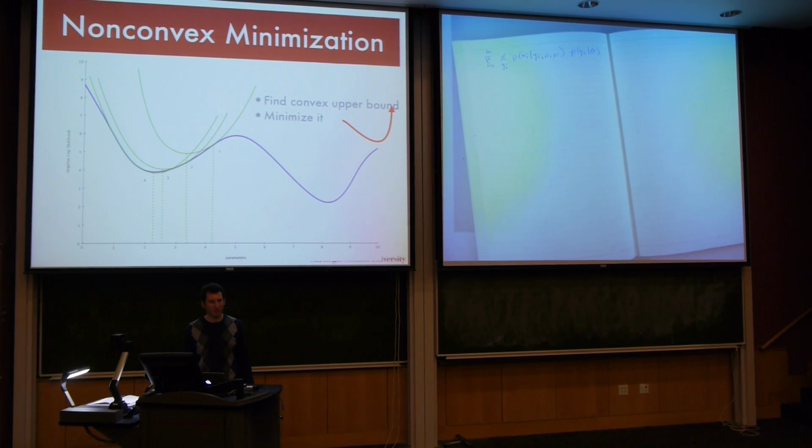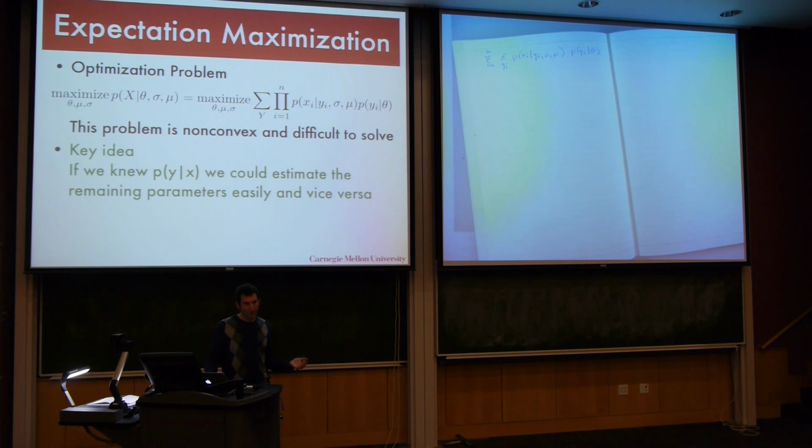And that's what EM does. So EM is going to give us a convex upper bound on the negative log likelihood of this mess up here. And this works for clustering, but it works for a lot of other problems too.